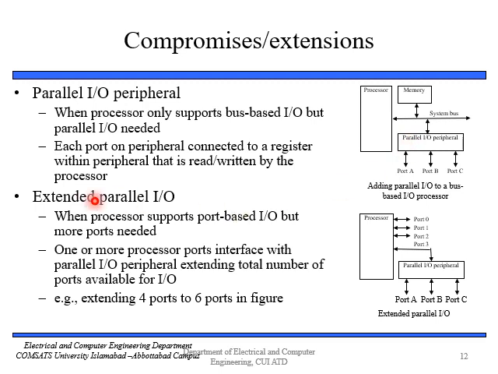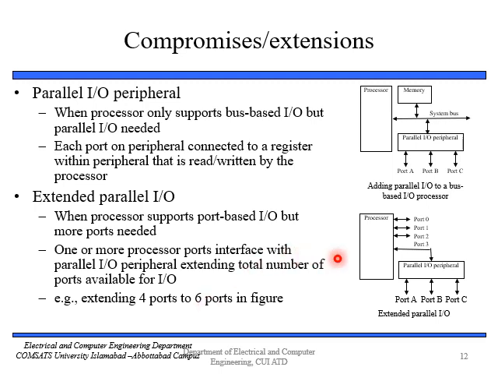Whereas in extended parallel I/O, you can see here that we have the processor and in fact 1, 2, 3 and 4 ports. We want to extend the number of ports. So what we can do is use a parallel I/O interface with any of the ports. For example, in port 3 we are using a parallel I/O peripheral. So we have additional port A, port B, port C, extending 4 ports to 6 ports.